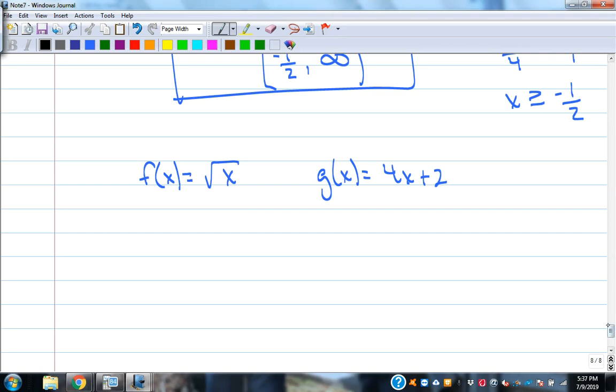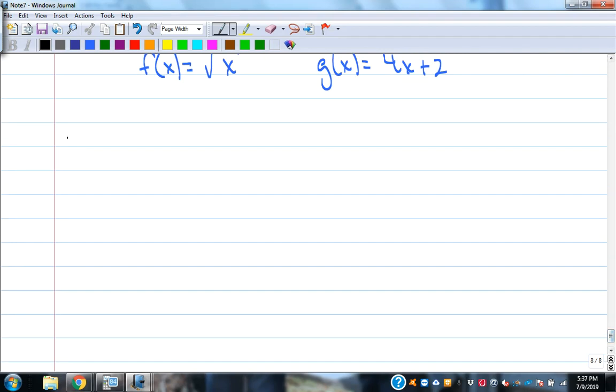Let's say we had f composed with g of 3. That's a good one, I guess. Doesn't really matter.